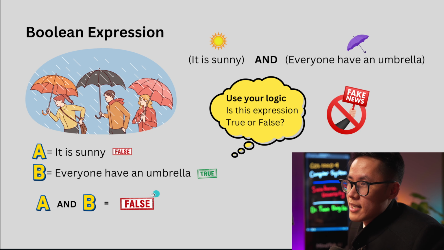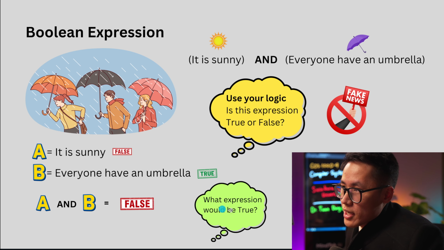It's logic. So instead of writing it is sunny and everyone have an umbrella, I can use the letter A and B to represent these expressions. I can write it as A and B. And I can write A and B equal false. Okay, this is another way to represent this expression.